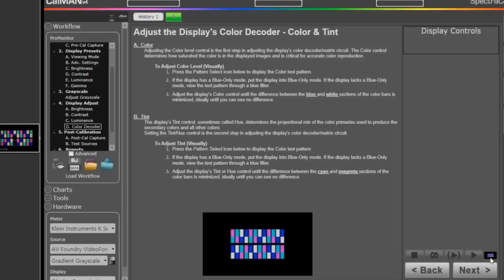And then looking at the cyan and magenta blocks that are laid adjacent to each other, we would view those two blocks in order to evaluate the setting of the tint control. If those two blocks do not look the same intensity through the blue filter or as seen in the blue-only mode, we would adjust the tint control in order to equalize them.